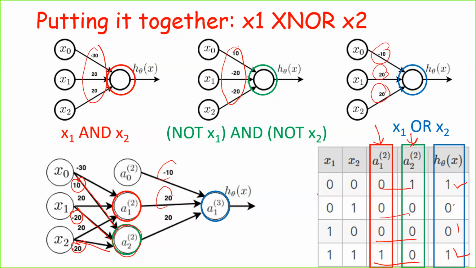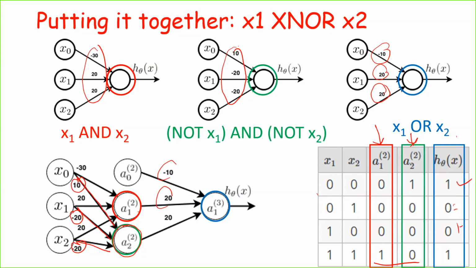Isn't it the functionality that we are expecting, XNOR? Whenever the inputs are same, the output is 1. When the inputs are different, the output is 0. Am I right? It means multiple neuron cells together form a strong nonlinear hypothesis.